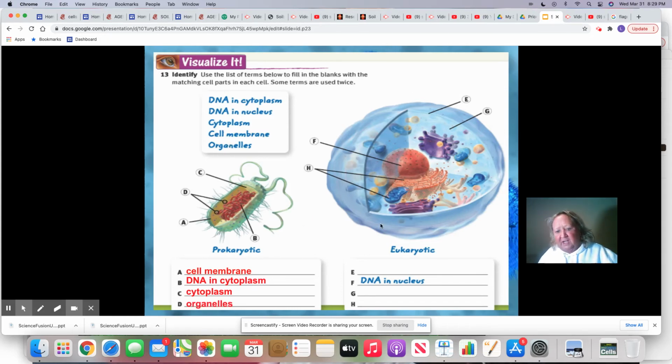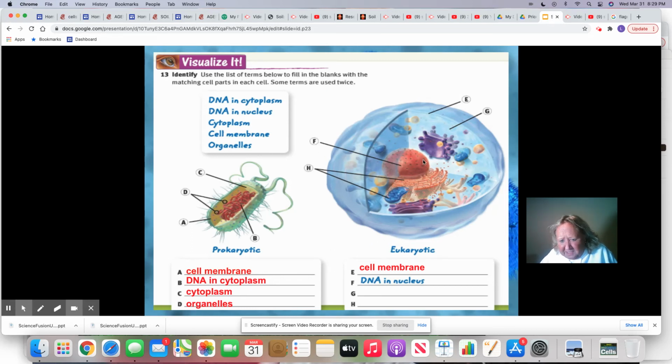Now over here, this is actually an animal cell, something that would be found in humans, cows, dogs, cats, whatever. Letter E is pointing to this outside covering, so of course, that's the cell membrane.